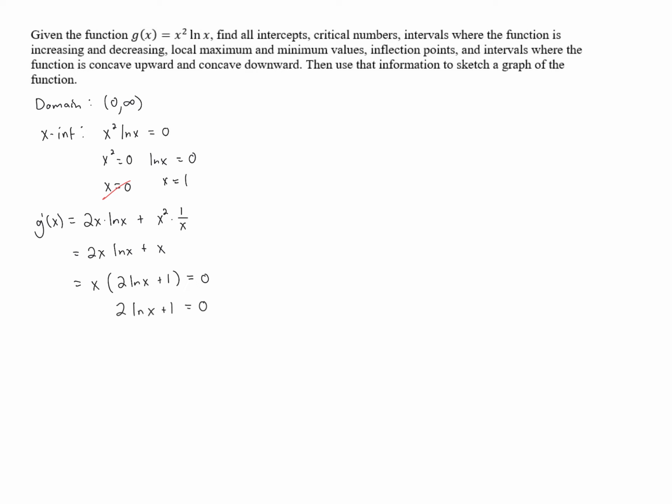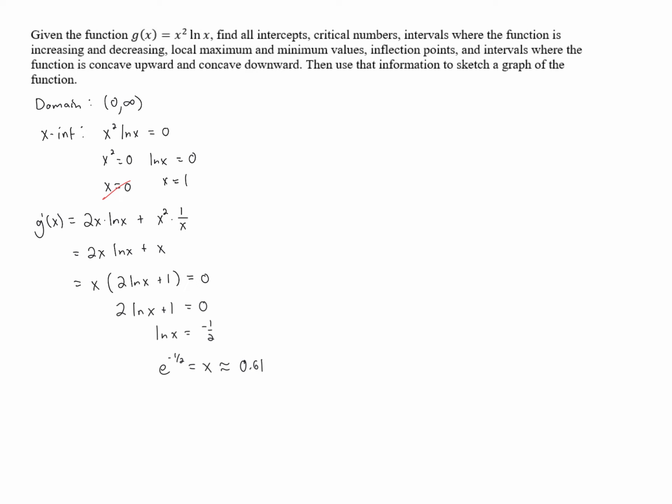If we subtract 1 and divide by 2, that's going to be ln of x equals negative 1/2. And if we rewrite this in exponential form, that's going to be e to the negative 1/2 power equals x. And this is approximately equal to 0.61. So that is going to end up being a critical number.